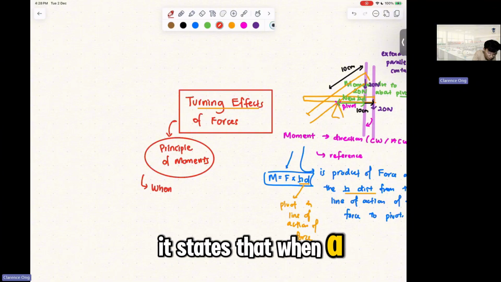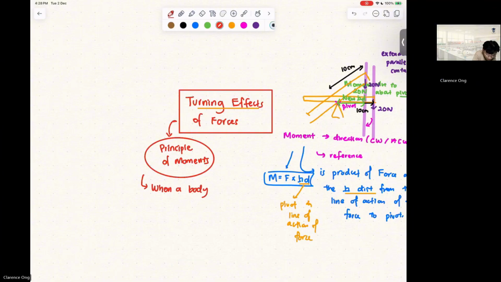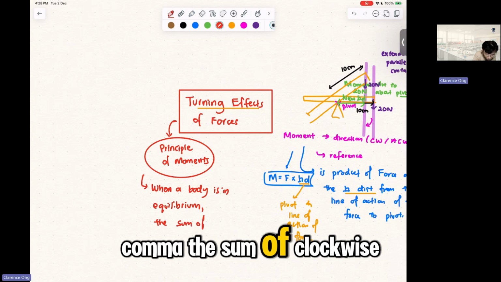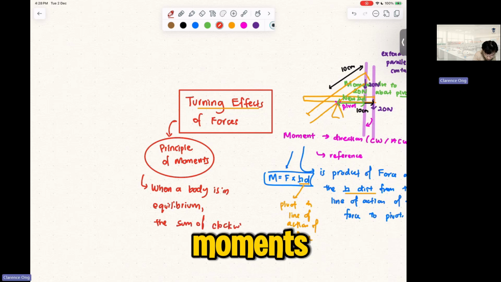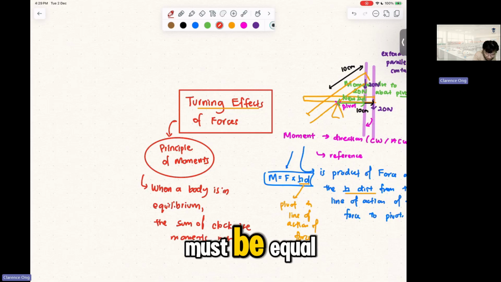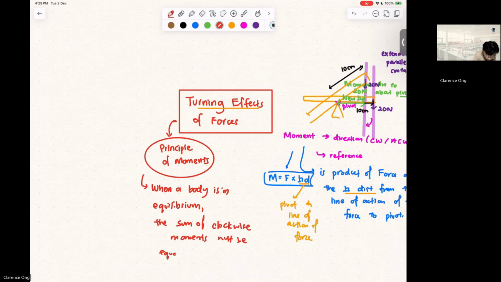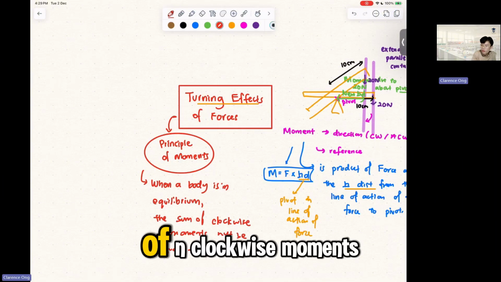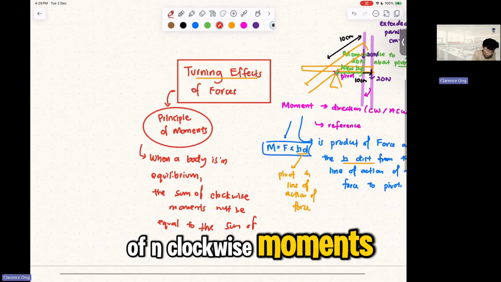It states that when a body is in equilibrium, the sum of clockwise moments must be equal to the sum of anti-clockwise moments.